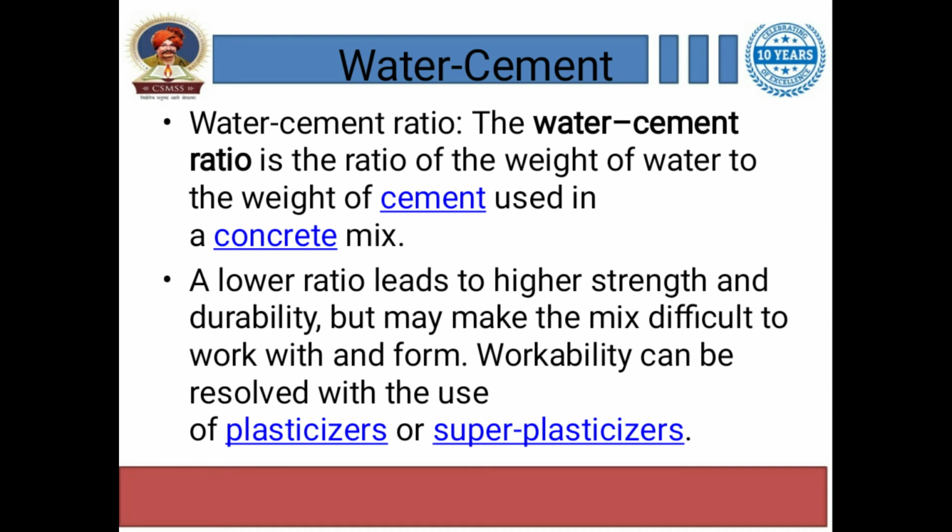Water cement ratio means the ratio of the weight of the water to the weight of cement used in the concrete mix. A lower ratio leads to higher strength and durability but may make the mix difficult to work and form. Workability can be resolved with the use of plasticizers and super plasticizers.